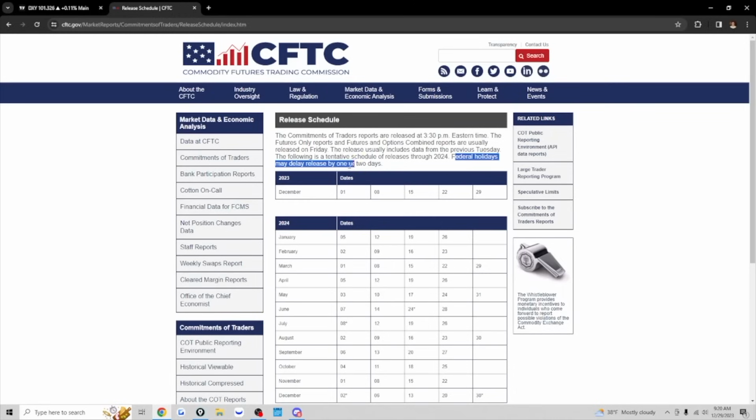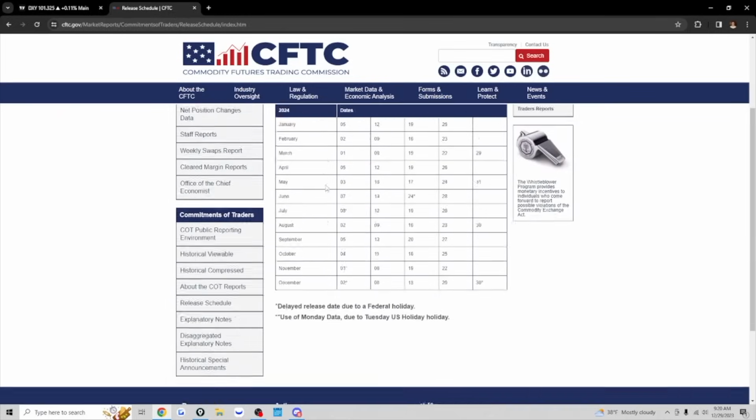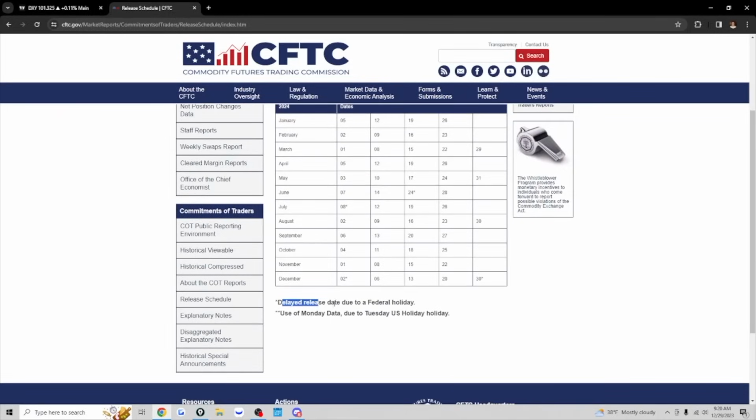Federal holidays may delay release by 1 or 2 days. So that is likely to be the case. It says we're reporting on the 29th. So perhaps next January, each Friday, you can always come back and check this and look at the schedule to make sure if there's a holiday that could be delaying the number.